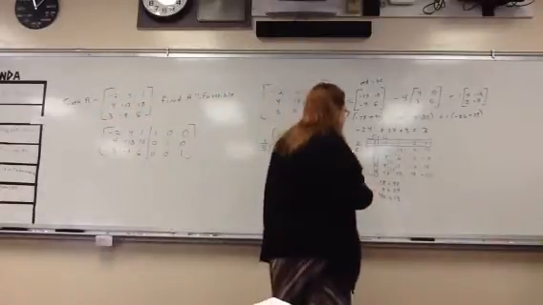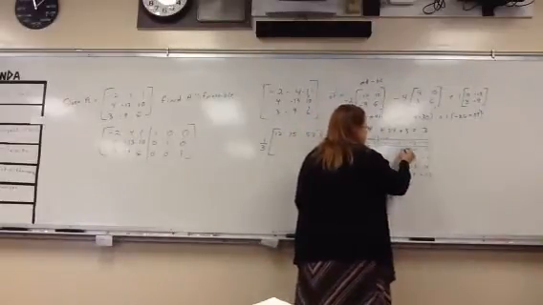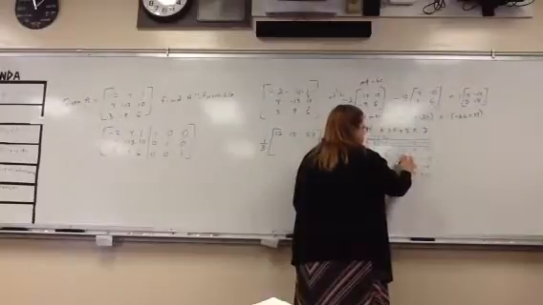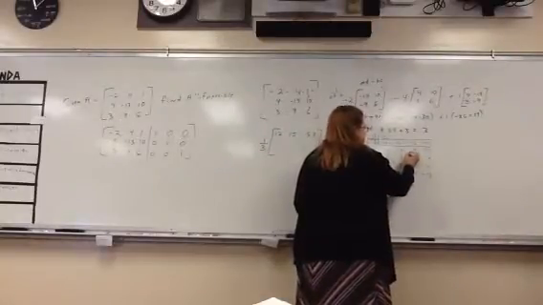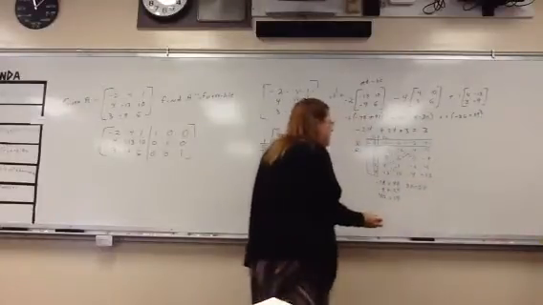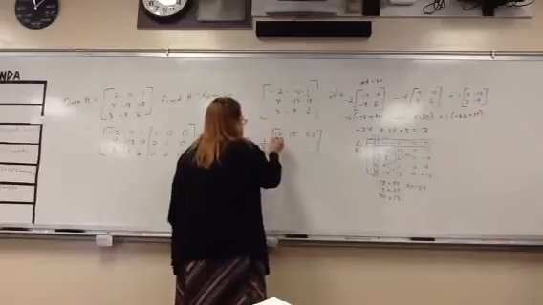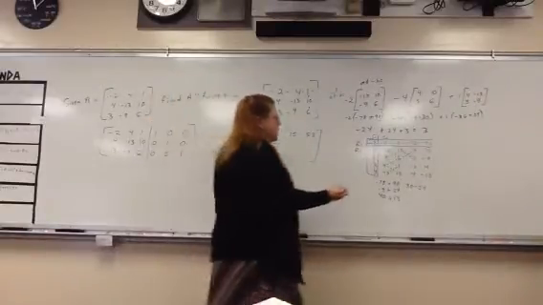And now I need to come back and I need to do that here. 10 times 3 is 30, minus 6 times 4, which is 24, and that's 6. So that goes here in my second row.